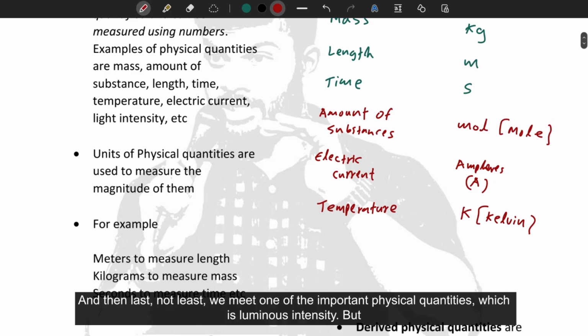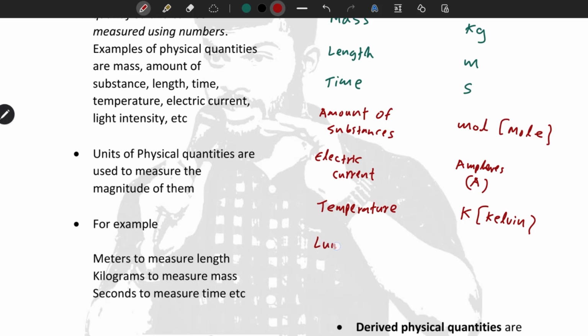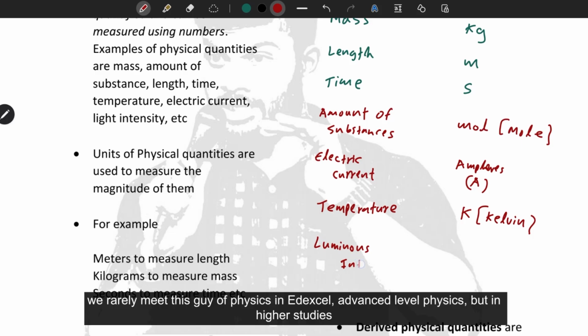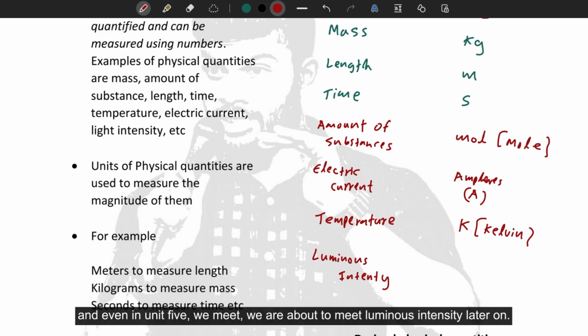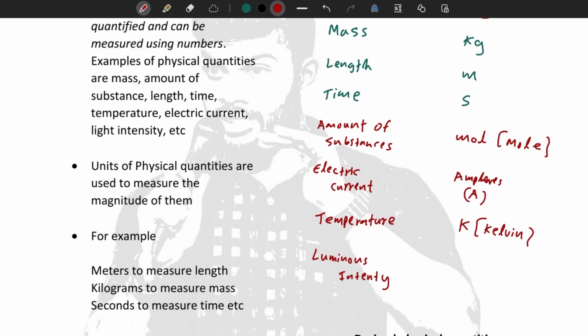Right, and then last but not least, we meet one of the important physical quantities, which is luminous intensity. But we rarely meet this in physics, in Edexcel advanced level physics, but in higher studies and even in unit 5 we are about to meet luminous intensity later on.